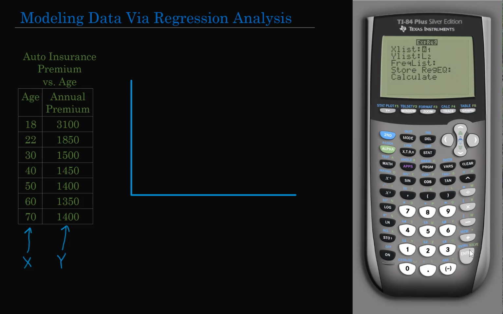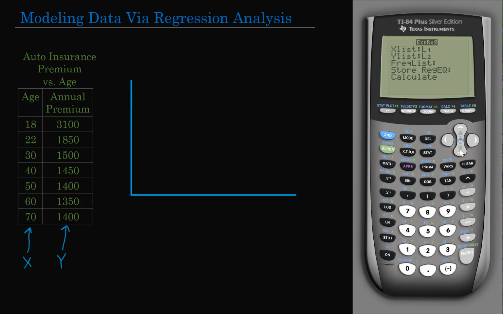Before it does the exponential regression, it's going to ask me where list 1 or the X list is. It's in list 1. The Y list is in list 2, so those look fine. I don't want to mess with this third one. In this fourth one, it asks me where I want to store the regression equation.